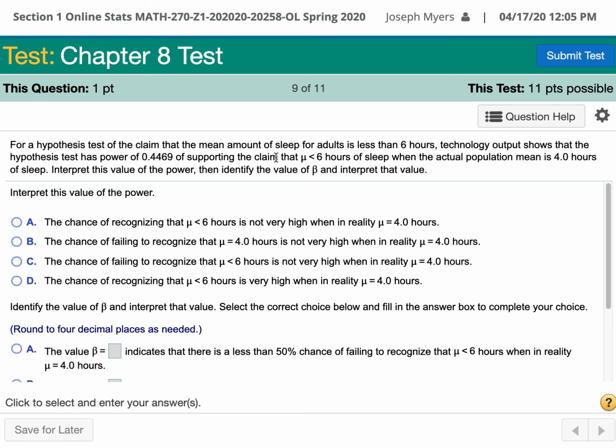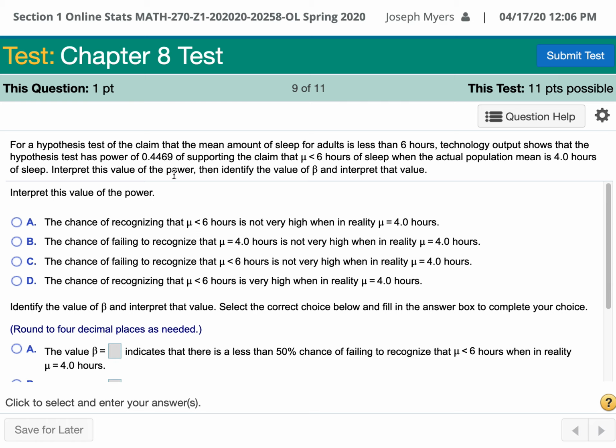It says supporting the alternative hypothesis, and the actual population mean is 4.0. So what does that mean? Well, that means that the chance, so that's not a very large probability, right?